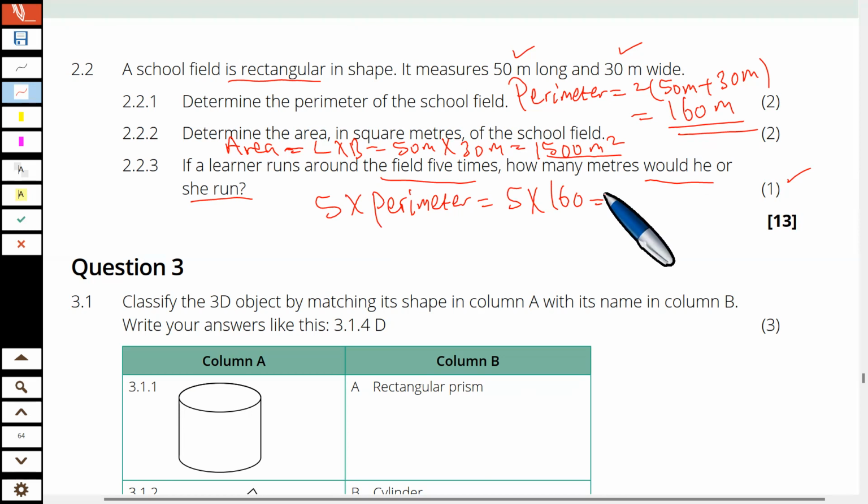What is 5 times 160? Yes, it is 800. 800 meters. So exactly 800 meters.